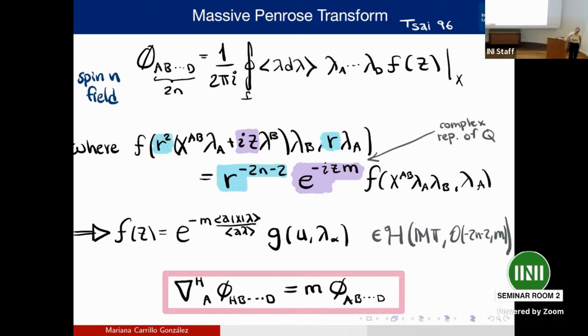Sorry, you start with R4 cross P1, and then you start with a cohomology class defined on that space, and then you pick out a component of that, and then it splits into these two pieces. So it's not quite on MT. It's more of a component of the thing on PT, but it's got a piece that's on MT. It's got a piece that knows about the extra direction. Yeah, that sounds reasonable.